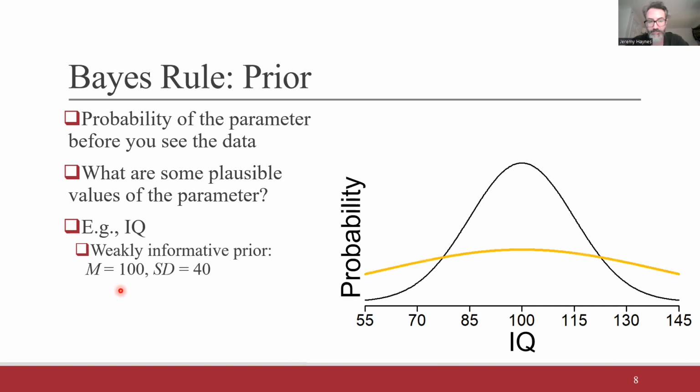Now, this is considered a pretty weak prior because the standard deviation is pretty large. And if you compare these, really, I'm not saying that 100 is drastically more likely than an IQ score of 55, but I am saying that it is more likely, which seems to reflect how IQ scores actually function.